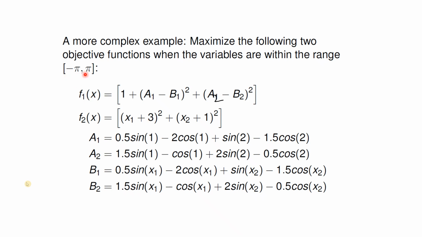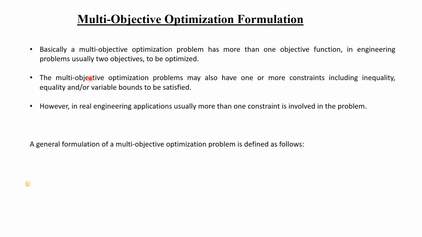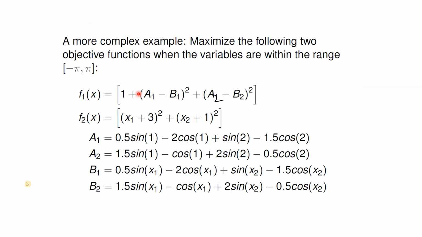This is a test function, and this is a range, a constraint, because in the previous one it was written as variable bounds. That means the variables x1 and x2 should be within minus pi to pi, because obviously this is in radians, so it should not be less than minus pi or more than pi.